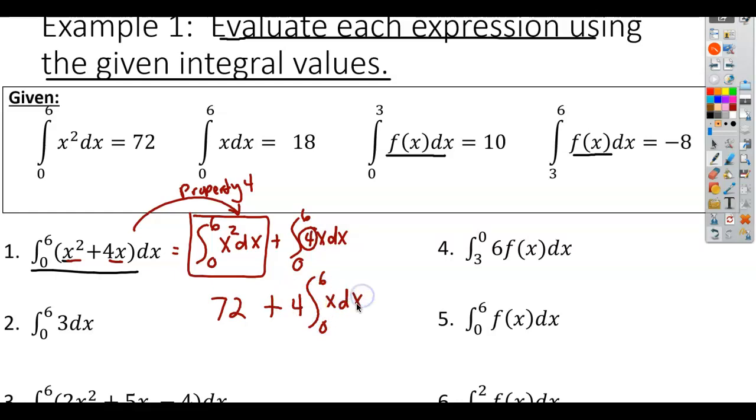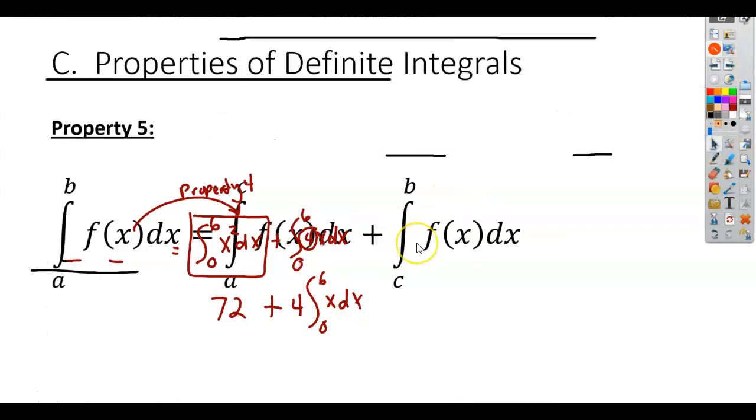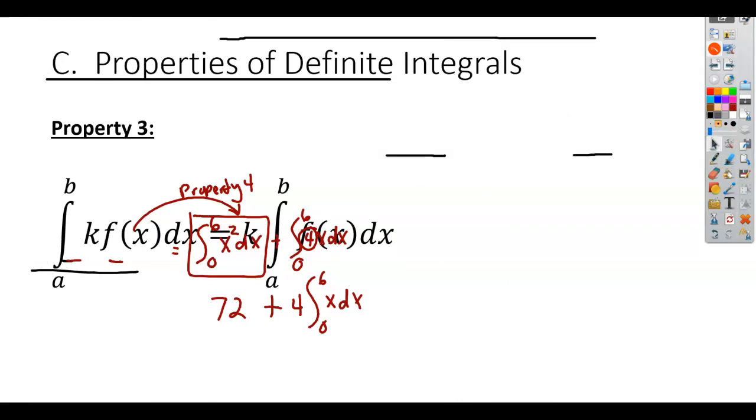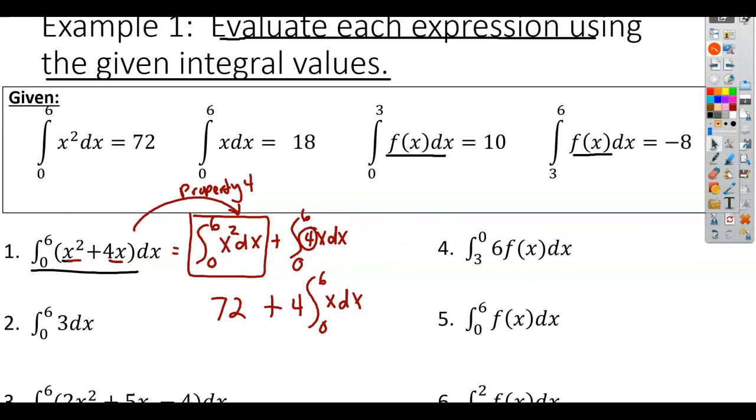Why am I allowed to do that? What property says if you have a constant you can just take it out? Let me back up. Sorry, you probably can't see it very well because I've got writing on the screen. There it is. It's property 3. According to property 3, anytime you have a constant multiplier in the front, you can take it out of the integral and put it up front there.